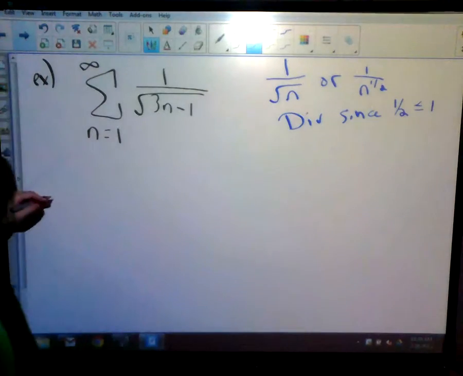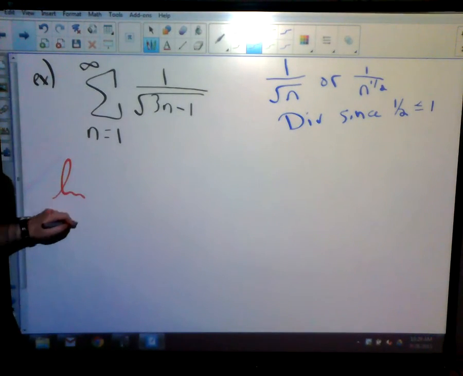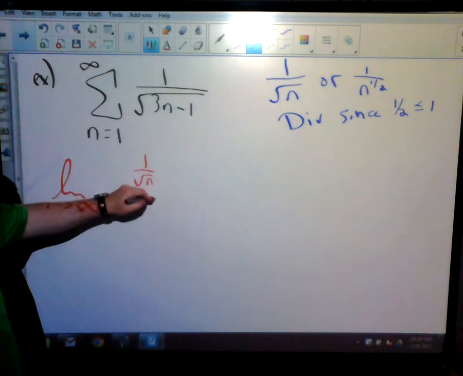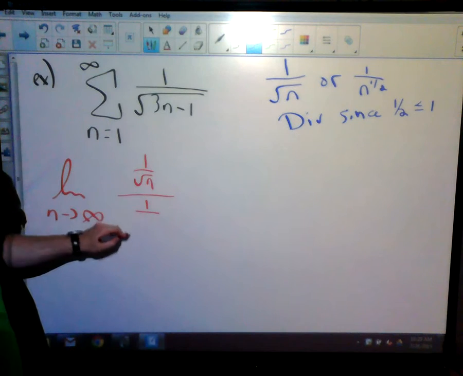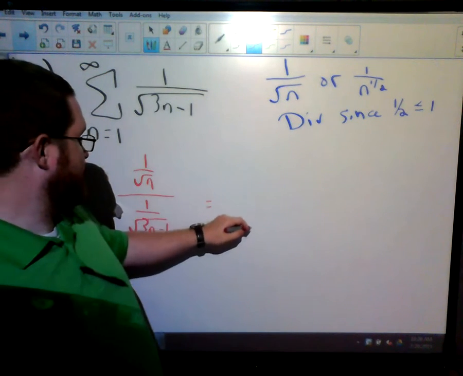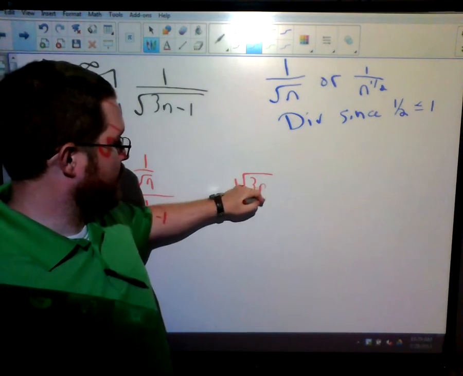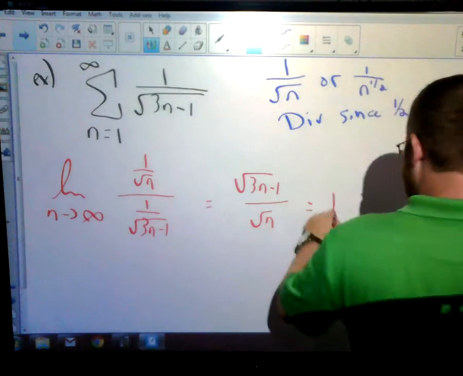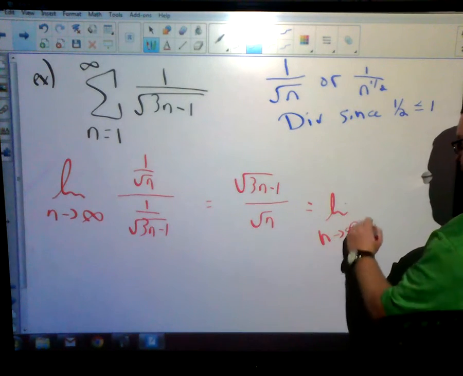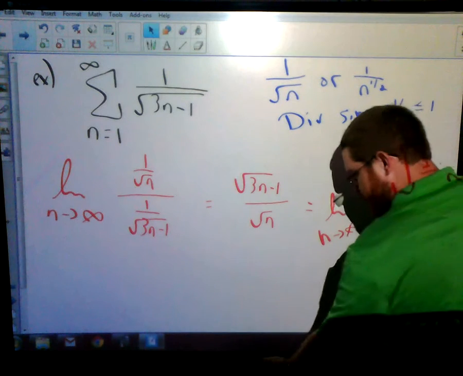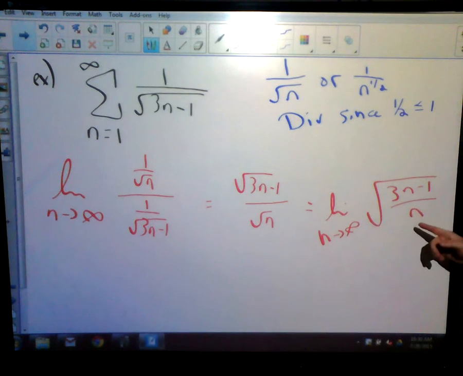Let's do an infinite limit. Doesn't matter which one you put on top or which one you put on bottom. That's the square root of 3n minus 1 over square root of n. That's the limit as n goes to infinity of the square root of (3n minus 1) over n. What's the power on top and bottom?